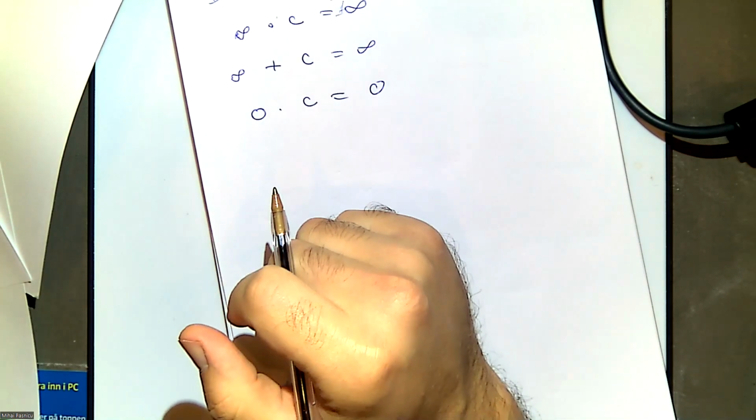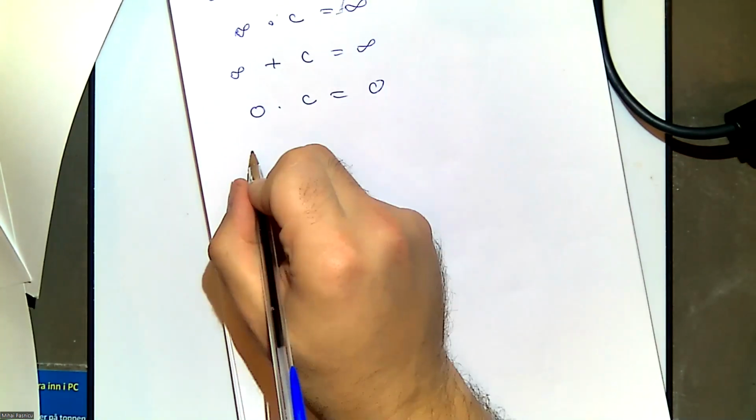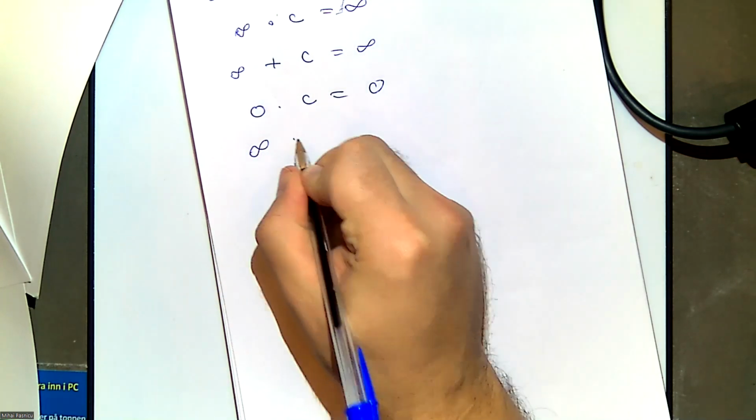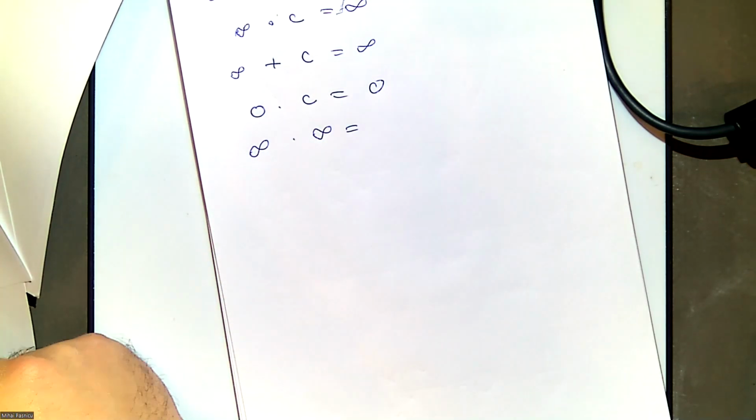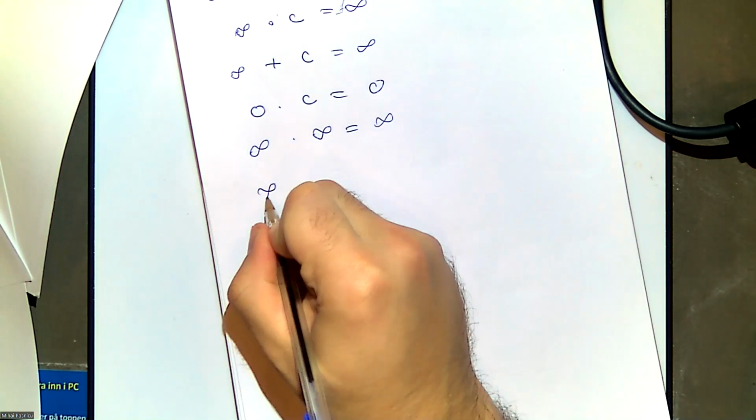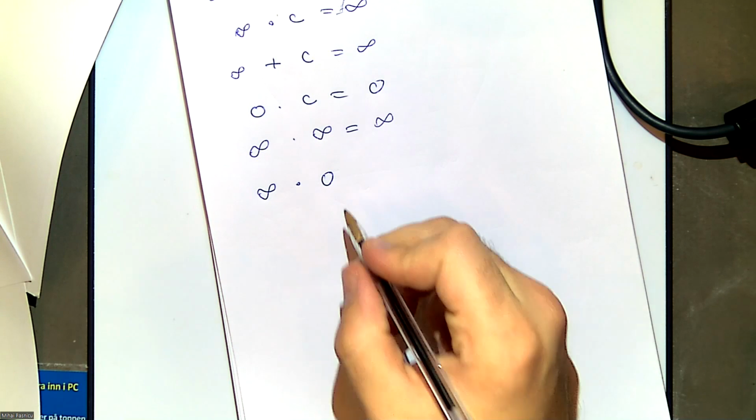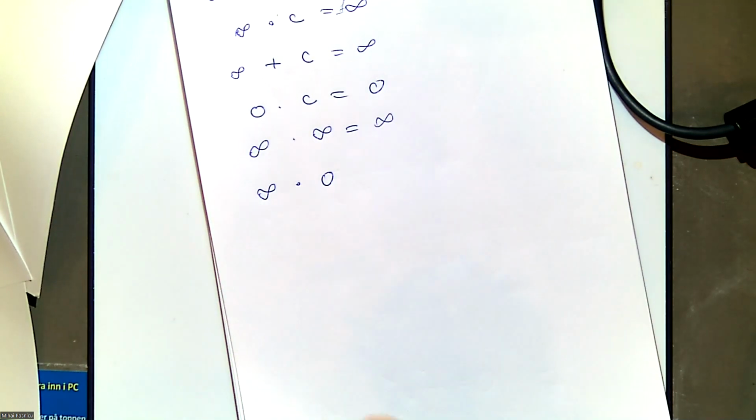Now let me ask you a smart question. What is infinity times infinity? Yeah, exactly. It's just much bigger. That wasn't the smart question. The smart question is, what is infinity times 0? No. Okay. So let me rephrase. So I need to change something like this.